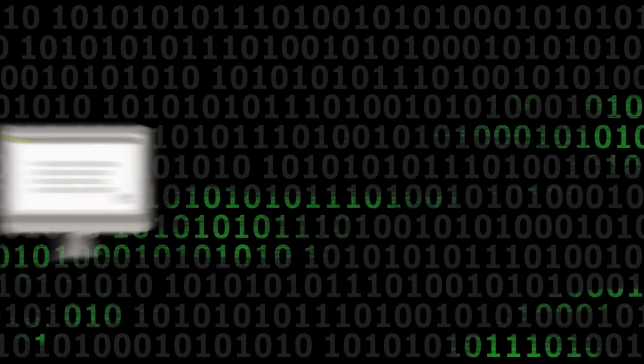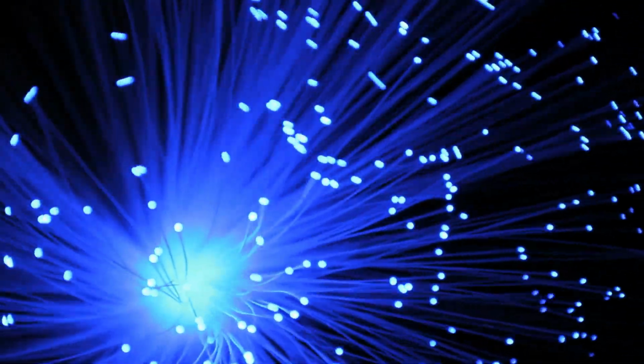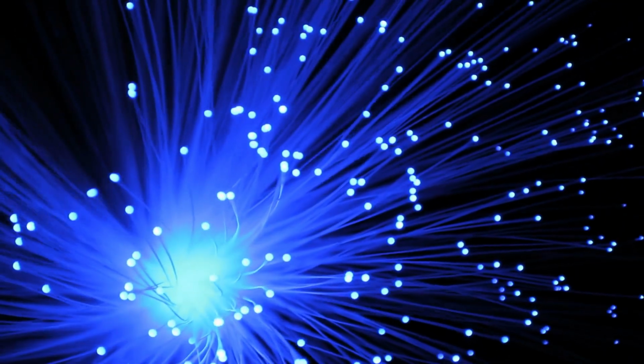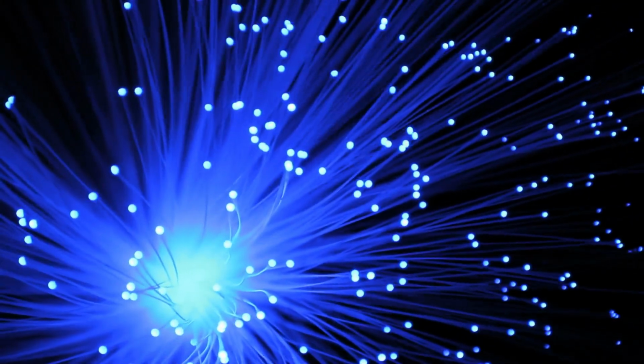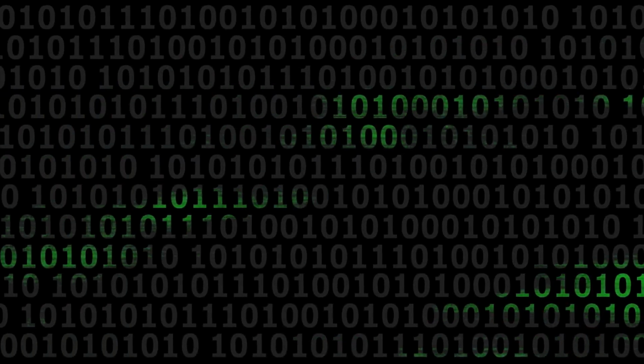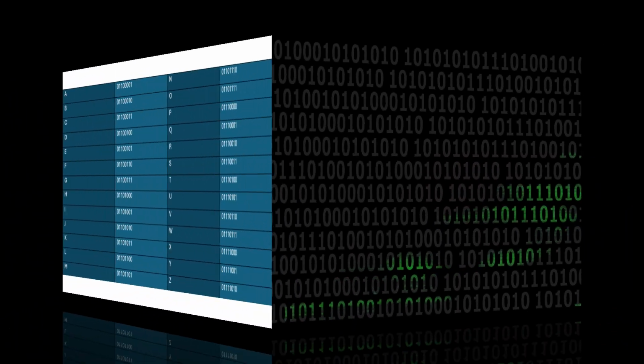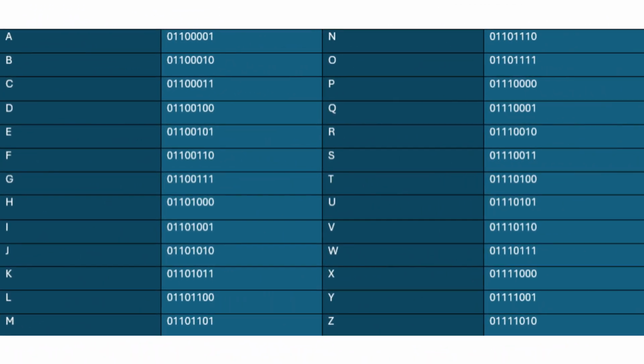A fiber cable does the same thing, however, instead of pulses of voltage, it uses light. No light, 0. A light, 1. This 1 and 0 system is called binary. Here, for example, is the alphabet in binary. Pause the screen here and see if you can write your name in binary.